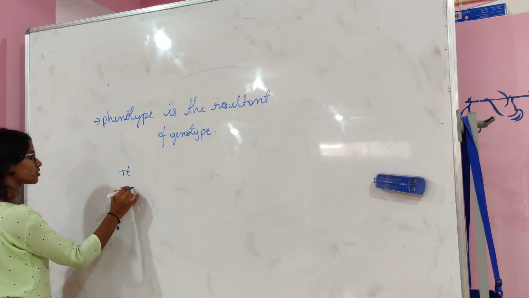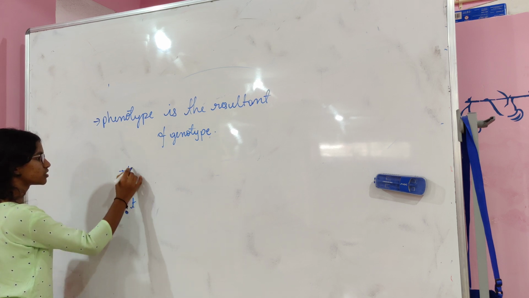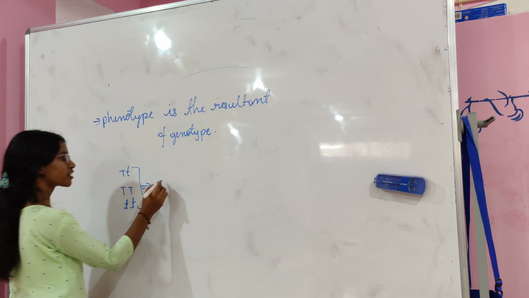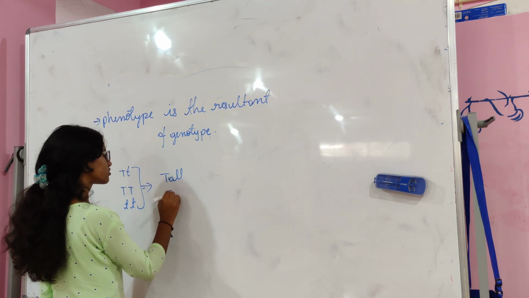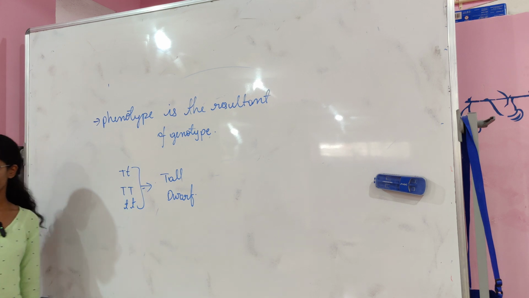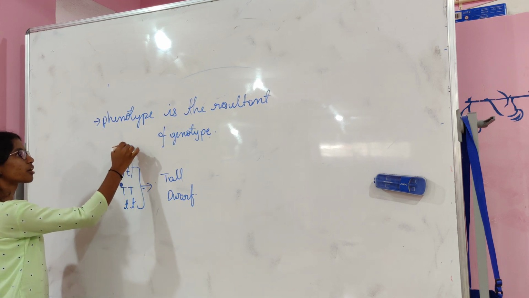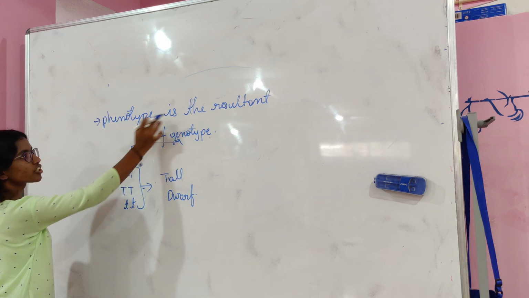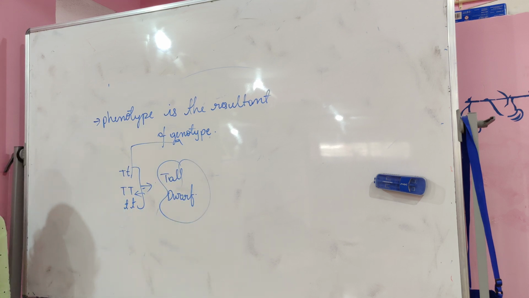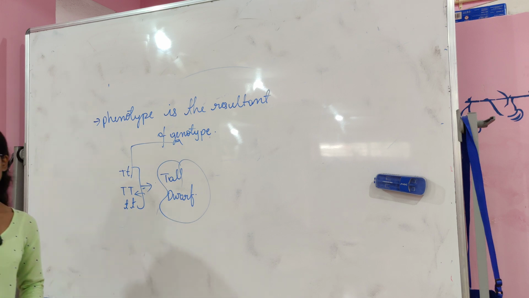Genotype is this thing, no? Because of these genes only, we're getting tall or dwarf. We can say if it is tall or dwarf based on these genes only. So these genes are the genotype. Phenotype will be told with respect to genotype. Understood?